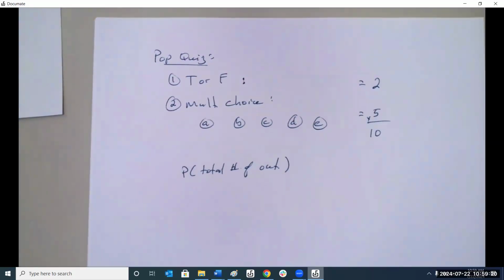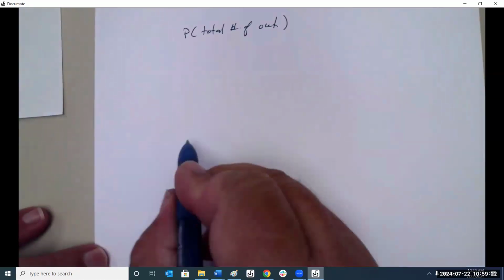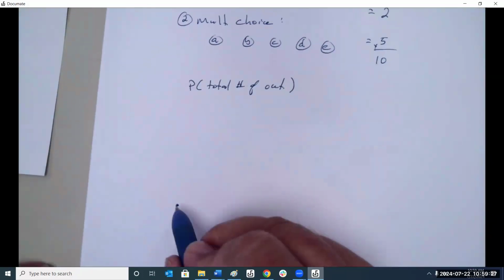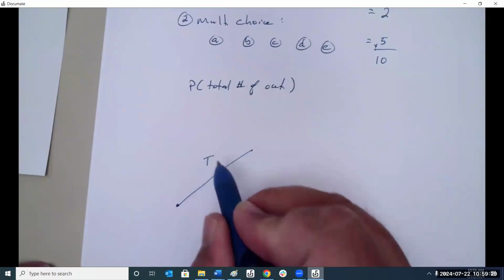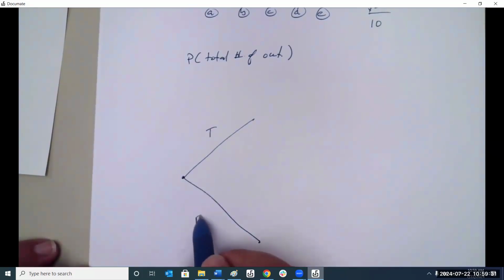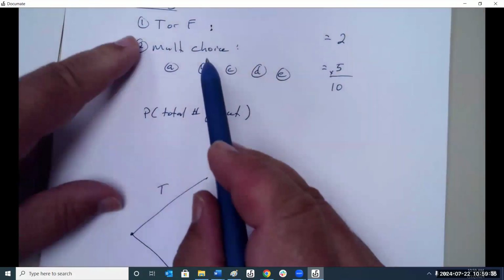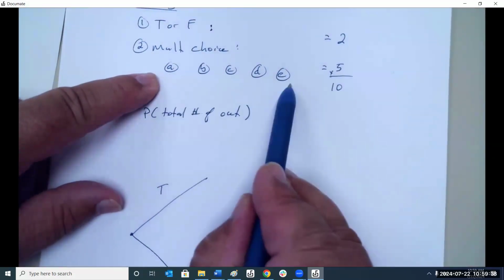So let's look at this graphically. Our first event is either true or false. Now, if the person picked true, then they can pick one of these 5.